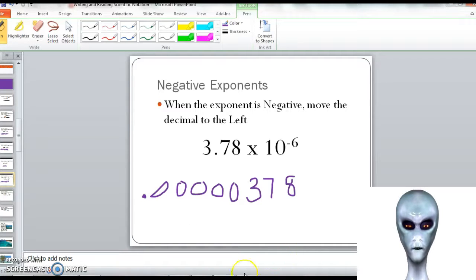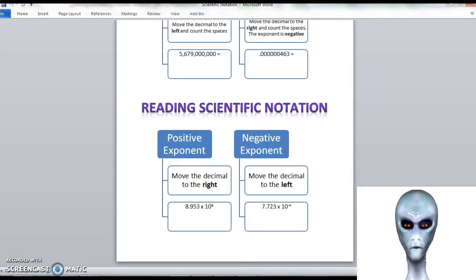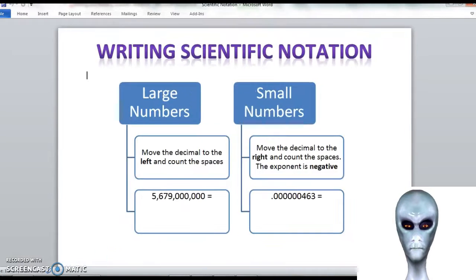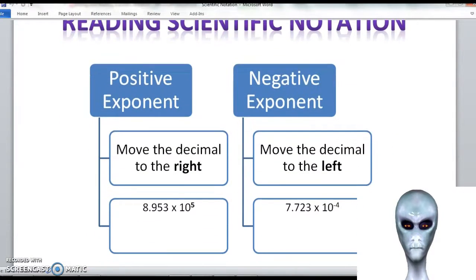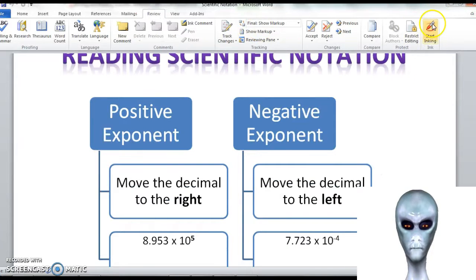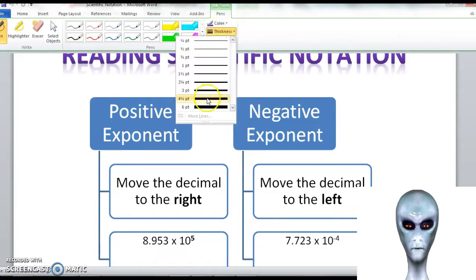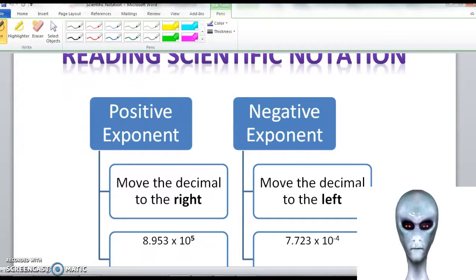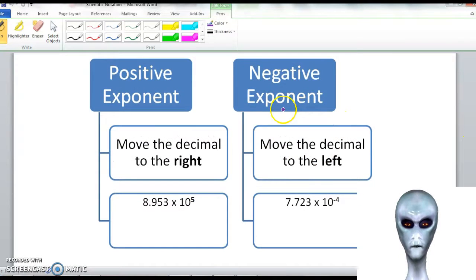Okay, what I want you to do is get out your graphic organizer. We're going to fill in our last section. Where are my ink tools? Okay, so when you have a negative exponent, it means it's a very, very small number.